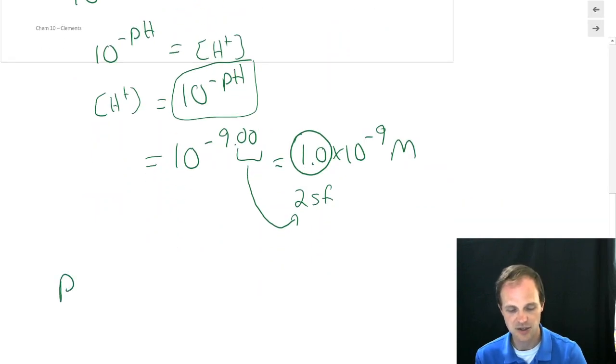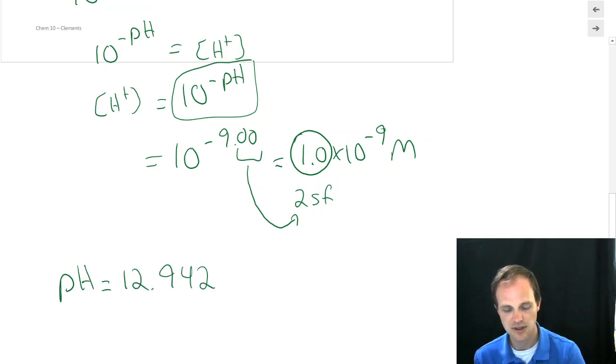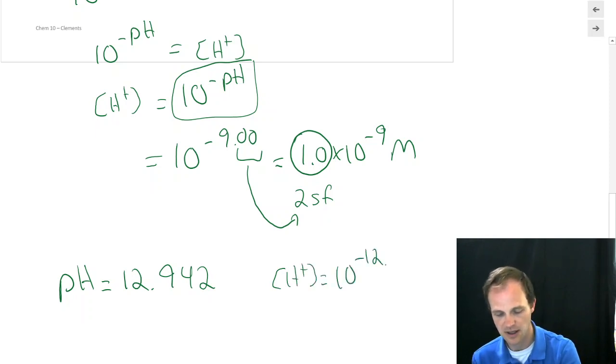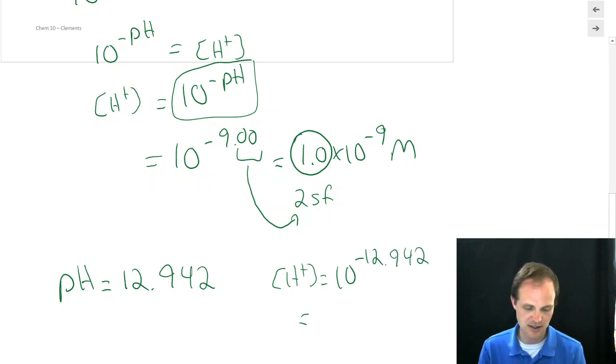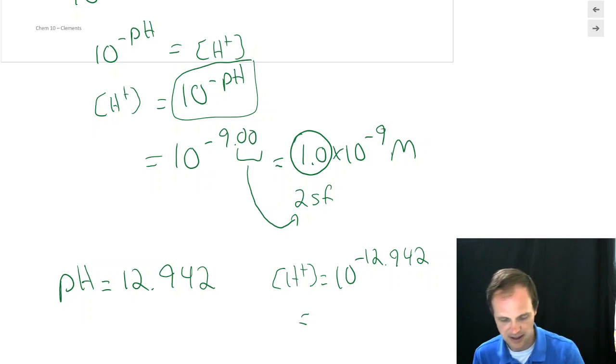If my pH was 12.942, my H plus would be 10 to the minus 12.942. I type that in my calculator, and I'll show you in just a second how to type that into your calculator. We get 10 to the minus 12.942, and I get 1.142878335 times 10 to the minus 13.